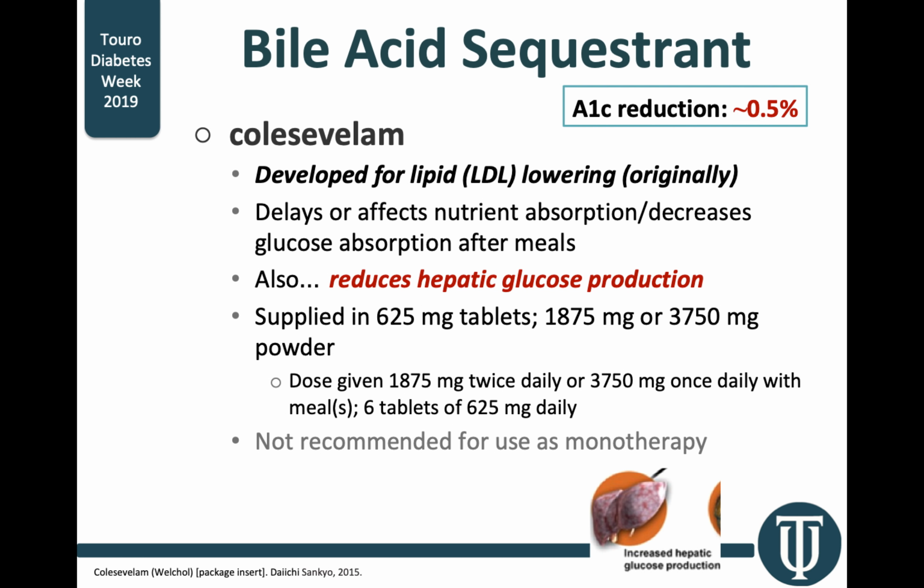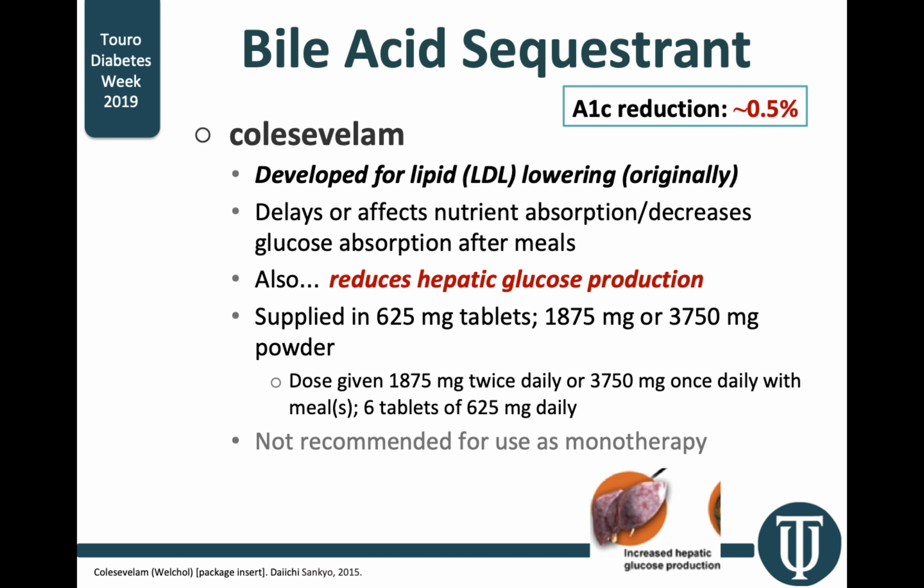Originally, colesevelam was invented for lipid management, but later on it was found that it can also help with A1C reduction. How this works is by delaying nutrient absorption, which leads to a decrease in glucose absorption after meals, and it also helps reduce the liver's glucose production.